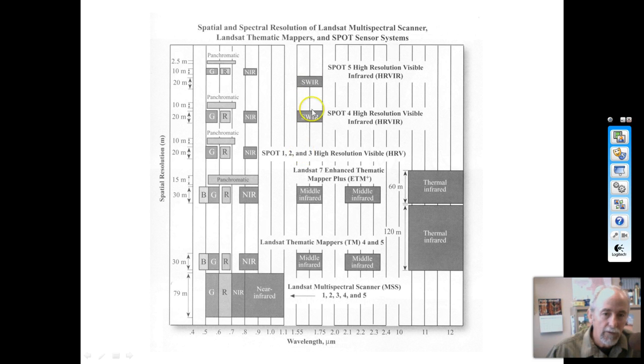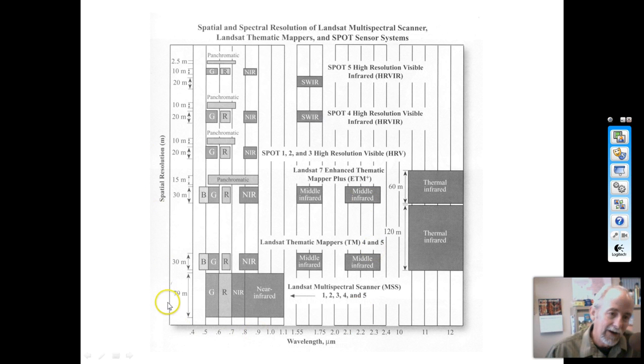And then here are some of the characteristics of some French satellites that were launched beginning in the mid-1980s that really were, in some ways, close to what Landsat has accomplished, although certainly the imagery is not available to us in the way that Landsat imagery is, being in the public domain.